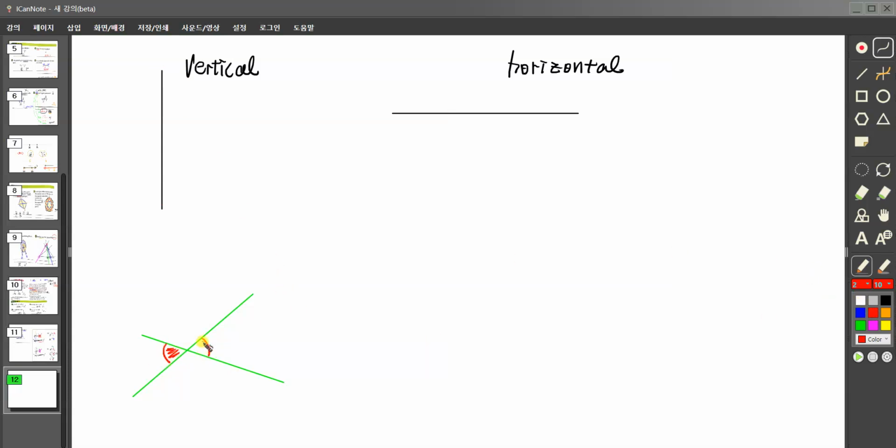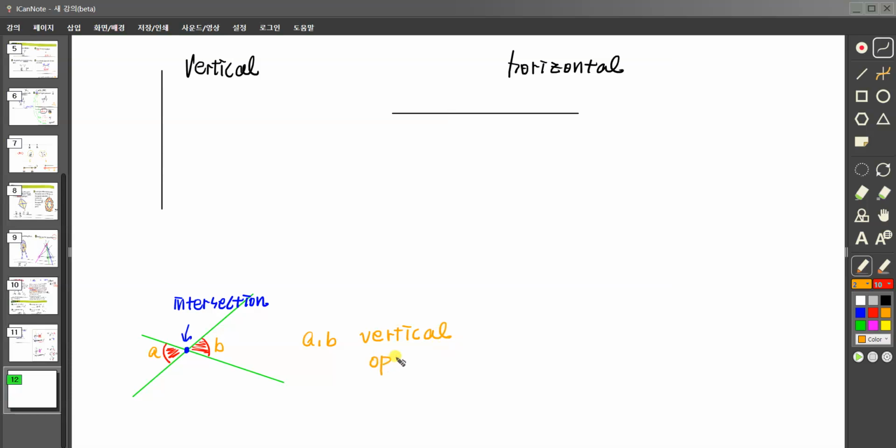Look here. They face each other, right? Okay, there is a point, an intersection point. There is an intersection between two lines, and there are opposite angles about the intersection. These two, A and B, are called vertical.